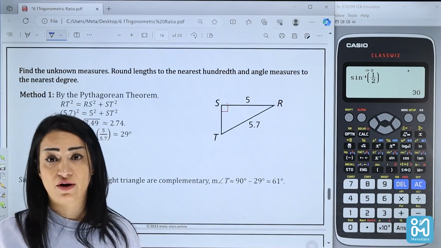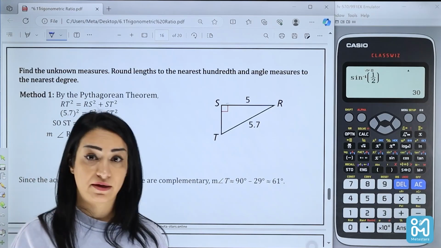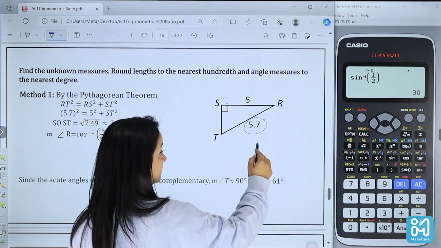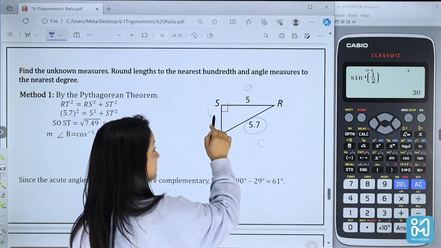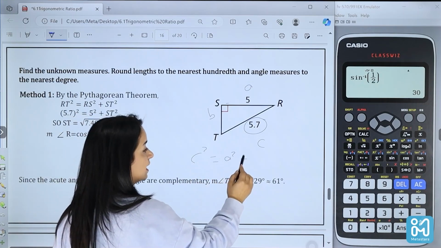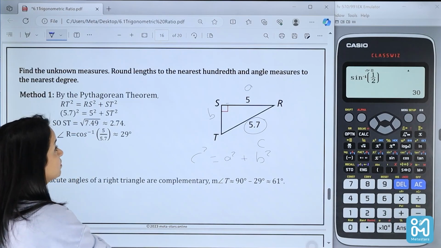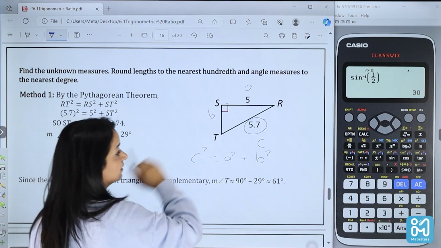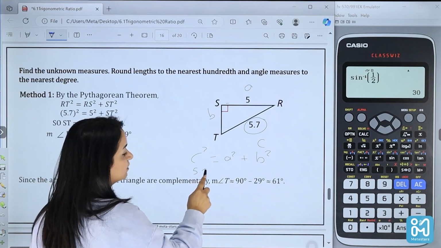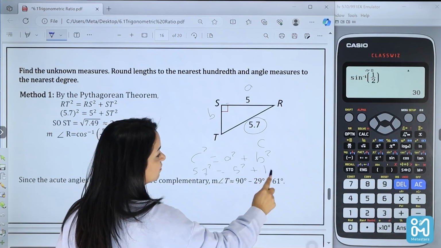So the first thing to think about is the Pythagorean theorem. So this is the hypotenuse, this is a leg, and this is a leg. So always remember that c squared is equal to a squared plus b squared. So here, to find the side that I need, 5.7 squared is equal to 5 squared plus b squared.